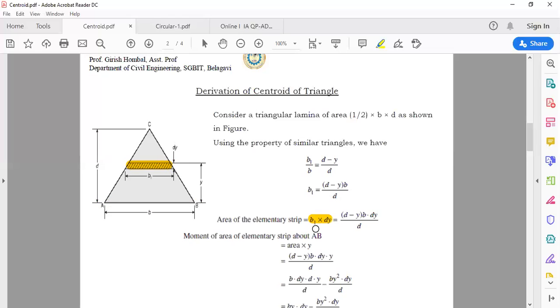Now I cannot use this B1 in the further calculation. So I'm supposed to write this B1 in terms of D, B and Y. I repeat, this B1 I cannot use directly in the solution. Thereby, I'm going to write this B1 in terms of B, D and Y.